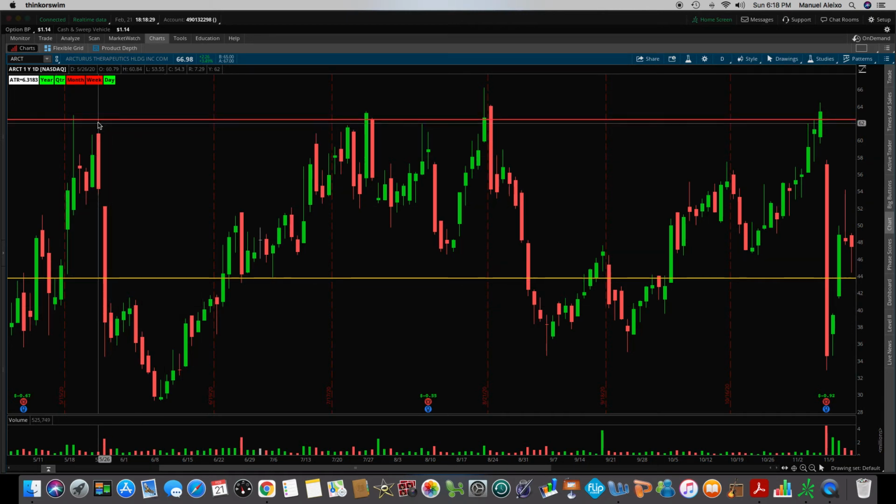That area is resistance. That's resistance number 1. Stock goes up, gets to that area again. That's resistance number 2. Stock goes up, gets to that area again, pulls back, resistance 3. And there you have resistance 4. So clearly, obviously, that's a major area of resistance.